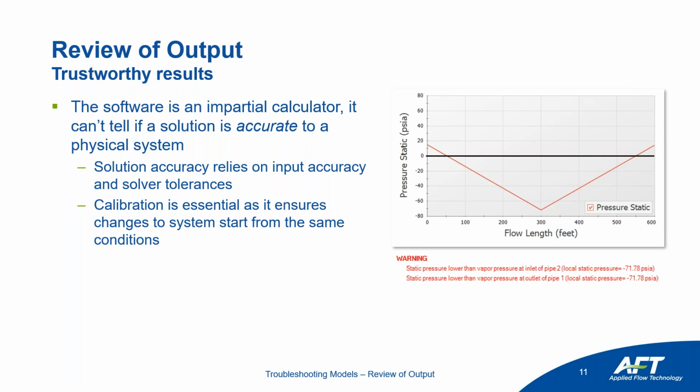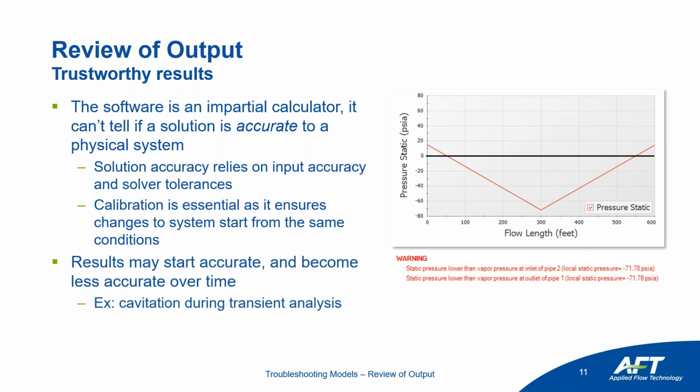And that ensures that when you start making changes, when you're evaluating new pumps or new valves, that all of those other conditions are going to stay the same. Your pipes are going to be just as scaled or just as rough. The elevation of all of those things is going to stay the same. So it's important to take the time to calibrate, and that ensures that when you make changes, you're going to make quality recommendations, and it should work in that system as it's been constructed.